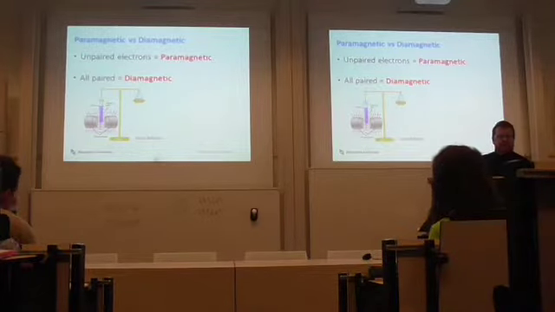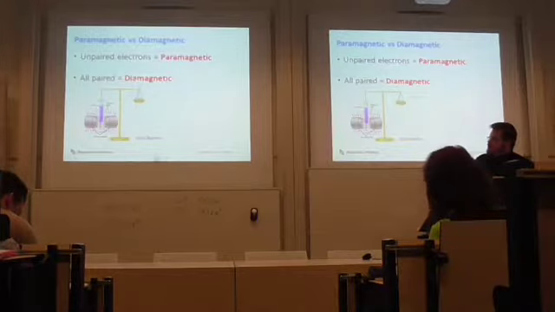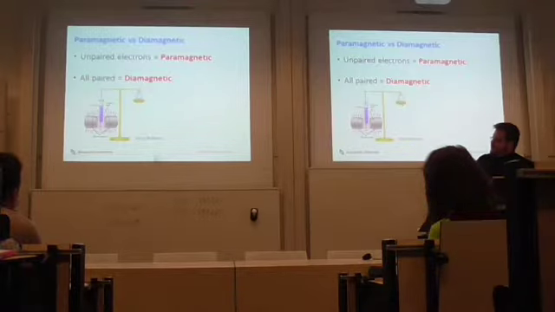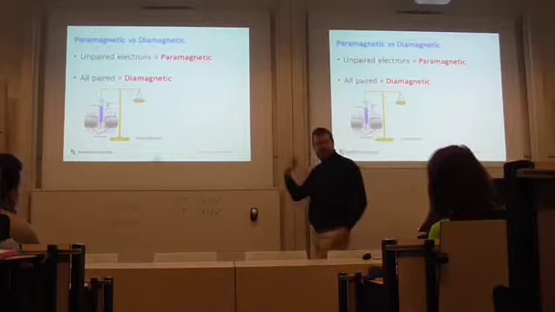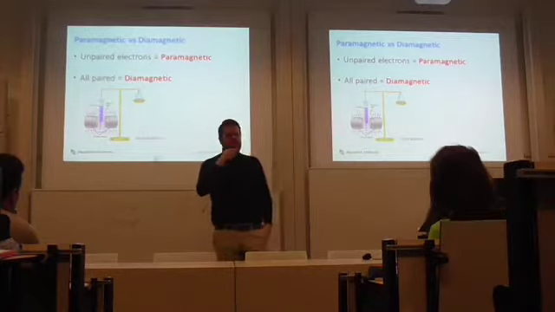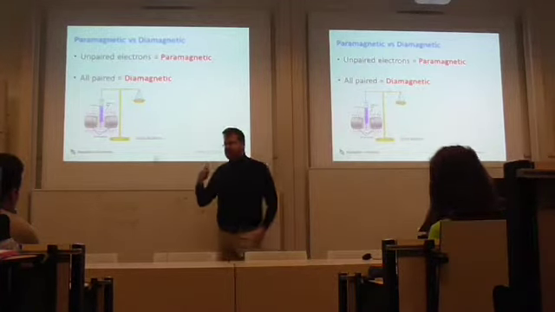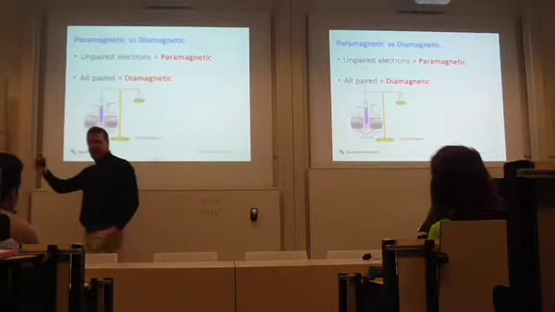We call this magnetometry, and this is actually a Gouy balance. This is a very simple way of doing it. You put a sample in a magnetic field, and you weigh it and see how the mass changes. If the mass changes, it means it's interacting with the magnetic field. It means there are unpaired electrons. And the degree of the interaction or the mass change you can then relate to the number of unpaired electrons.